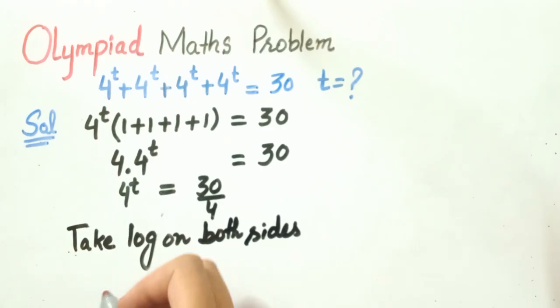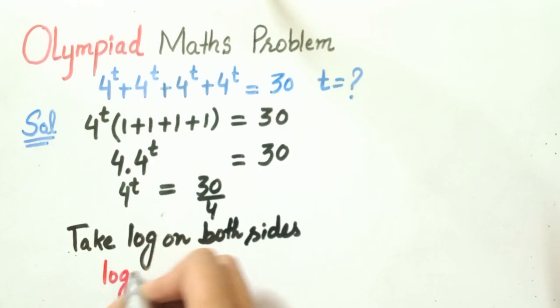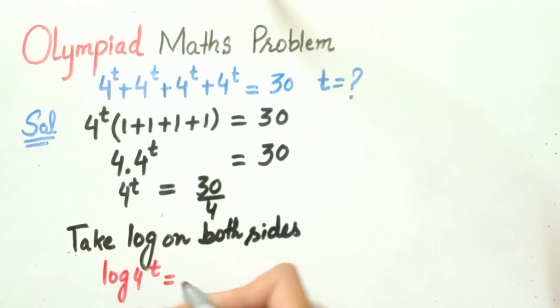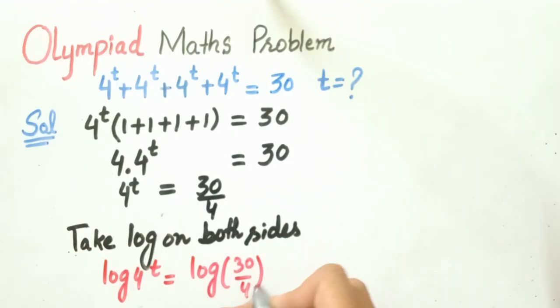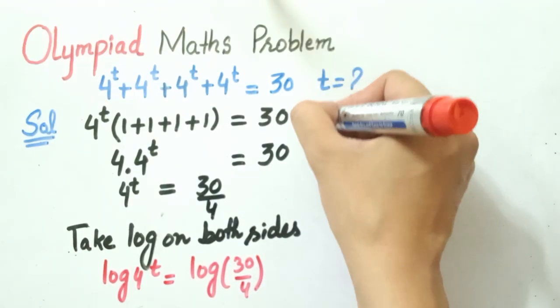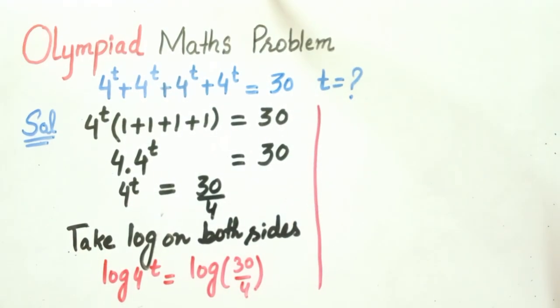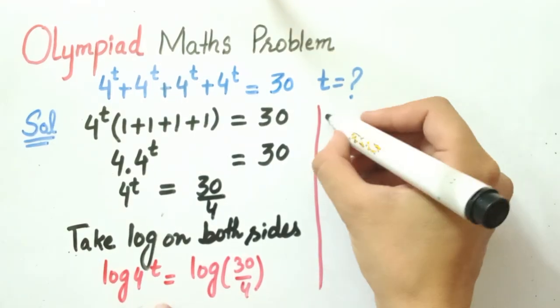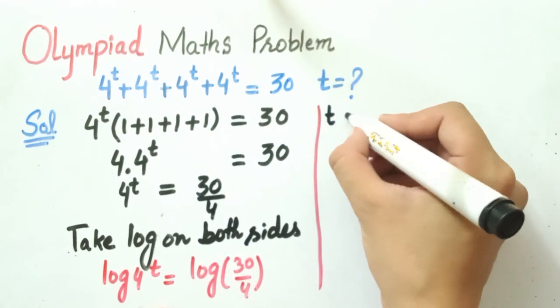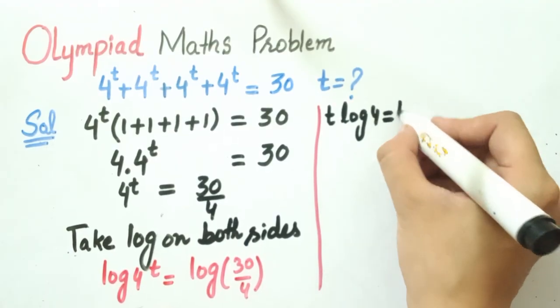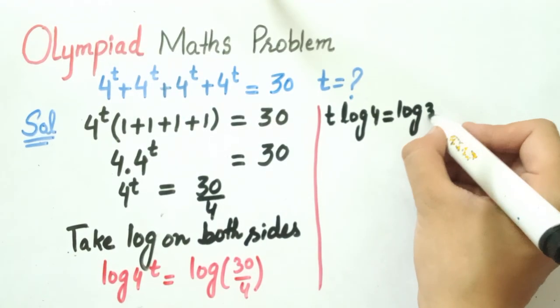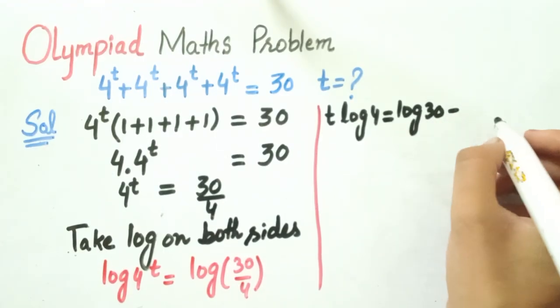We have log of 4 raised to power t equals log of 30 by 4. Now in the next step we will solve this as power is in the start. t log 4 equals log of 30 minus log of 4.